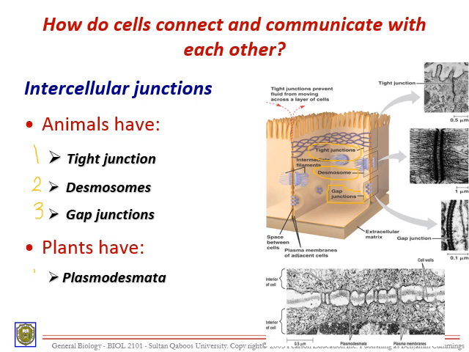Plasmodesmata is found in plants. You can see plasmodesmata here. These are tiny channels, okay? All right, so in the next few slides, we are going to learn about the structure of these junctions and the function of these junctions as well.